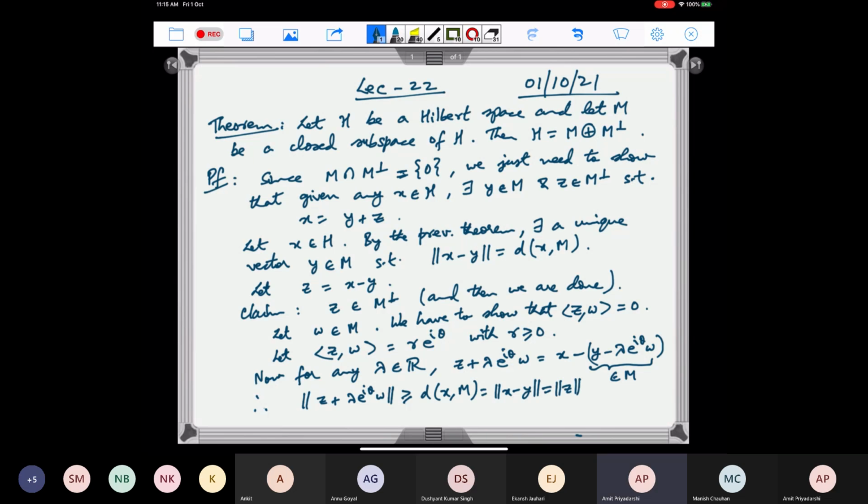So what we get is that norm of z is less than or equal to norm of z plus lambda e to the i theta w. This is true for every lambda belonging to R.